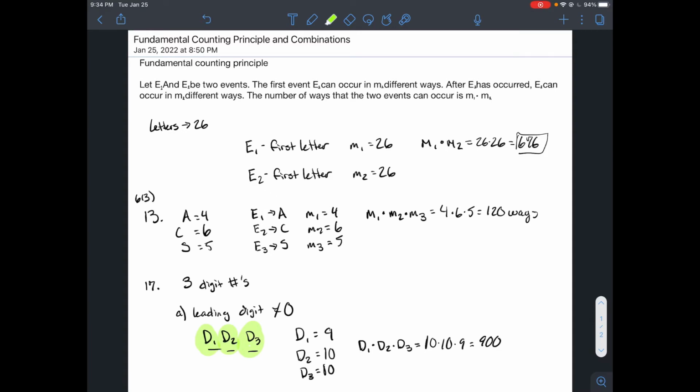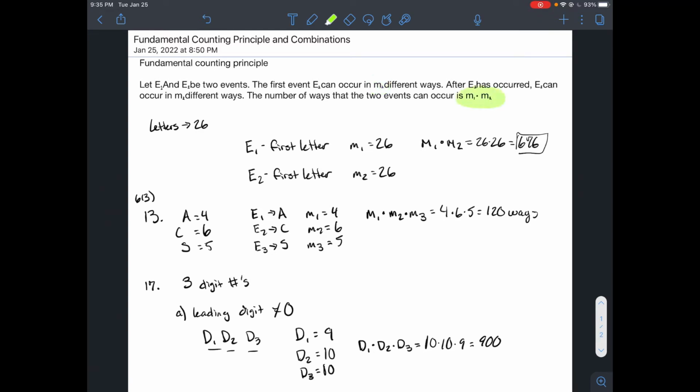For example, in 17a, our leading digit could not be 0, so that changes the number of ways that M1 can occur. And then we just multiply those together.